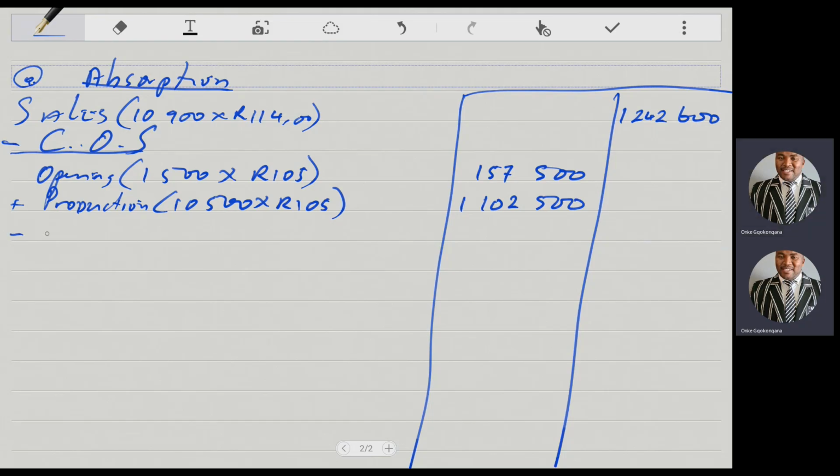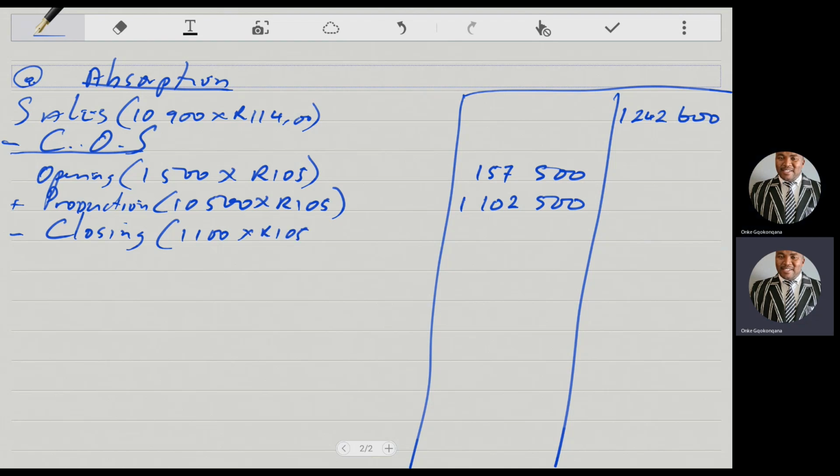And minus closing, 1,100 times 105. That gives us 115,500.